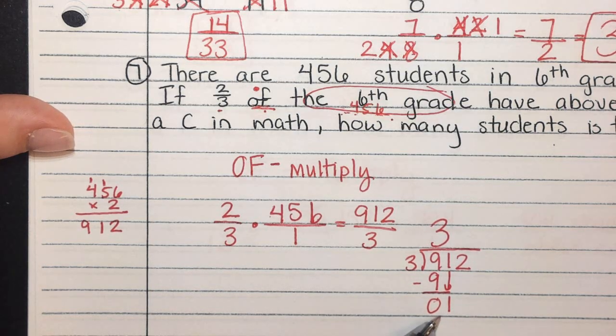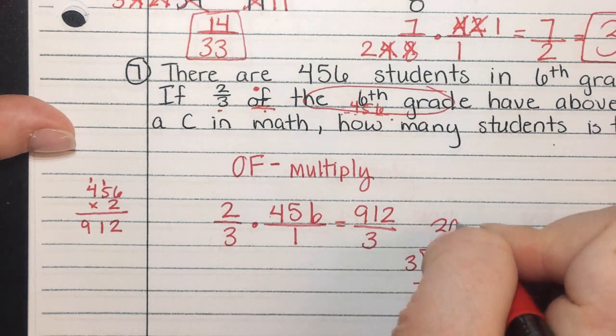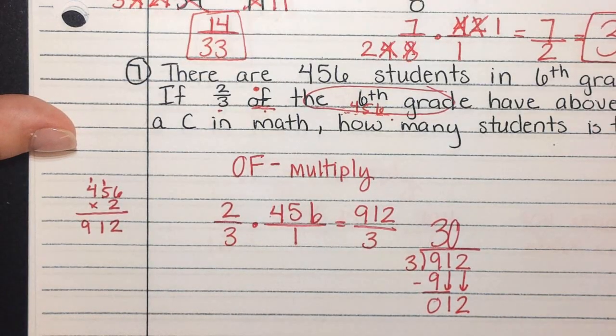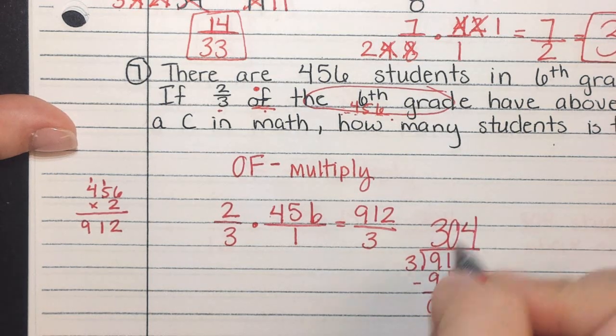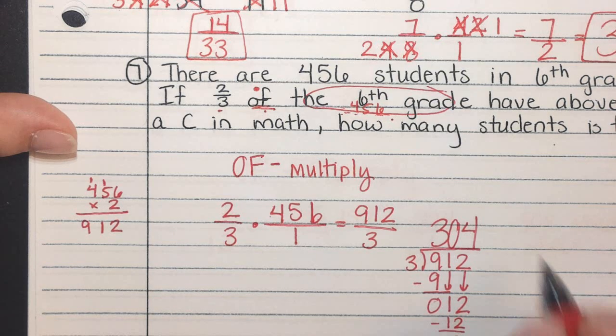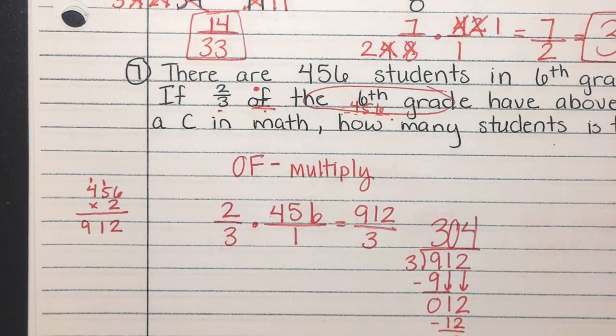How many times will 3 go into 1? None. So what do I have to put on top? A 0. All right. And then I'm going to bring down the 12. How many times will 3 go into 12? 4. 4 times 3 is 12. When I subtract, I get 0. So I get 304. Is there anything left over? So do I have a remainder or anything? No, so my answer here is 304. Now how am I going to write that?